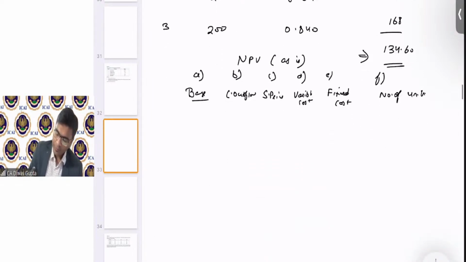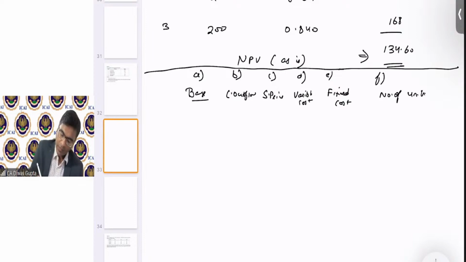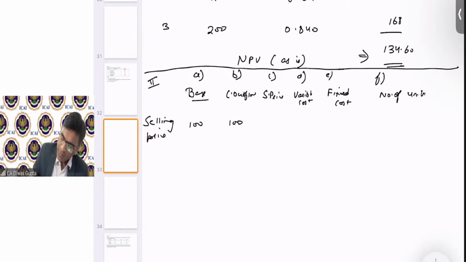Okay. This is the solution to the second part. Okay. So let's put all the things here. Selling price. We will again start with the same statement. Base case, it was 100. Cash outflow, it will also be 100. But in this case, selling price will become how much?